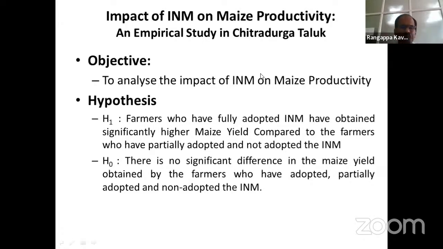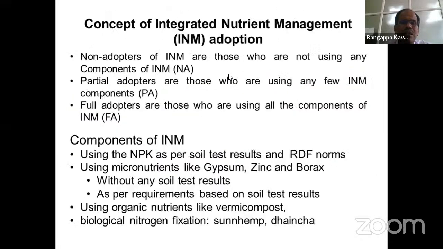So for this, we may calculate some things. I already told you the operational definitions of non-adopters of INM, partial adopters of INM, and full adopters of INM. Non-adopters of INM are those who are not using any components of integrated nutrient management technology.